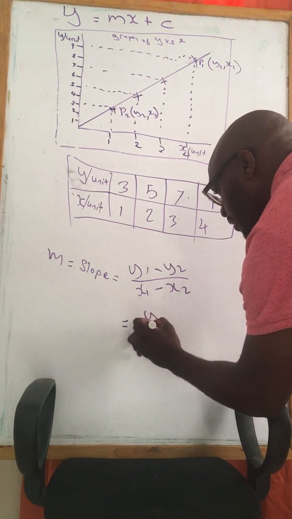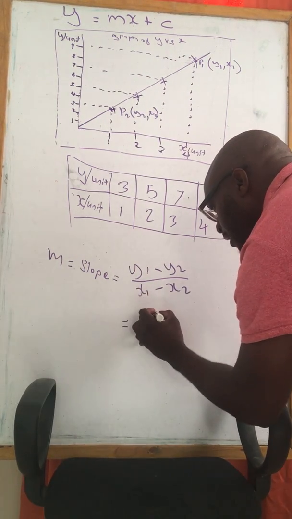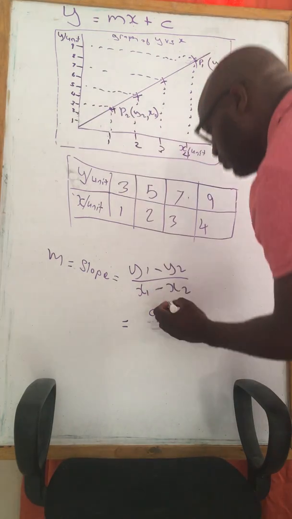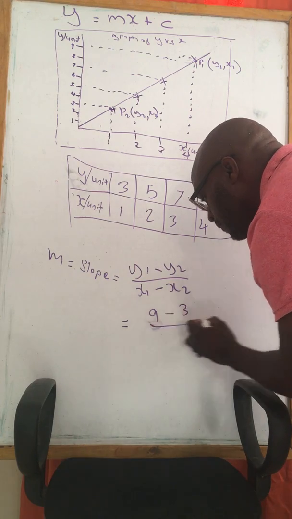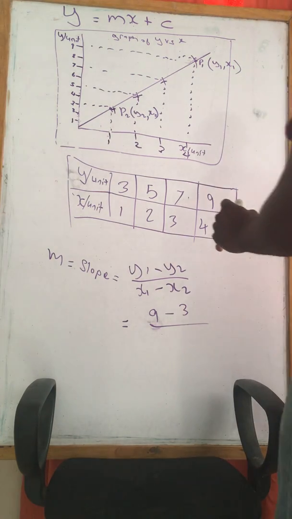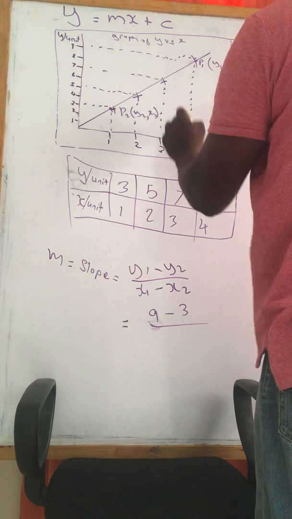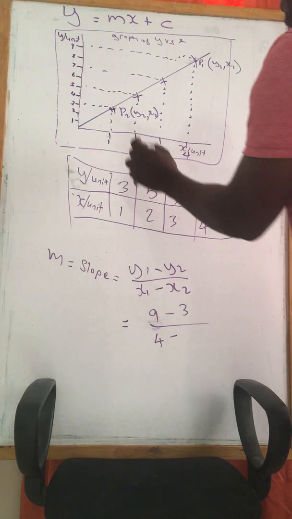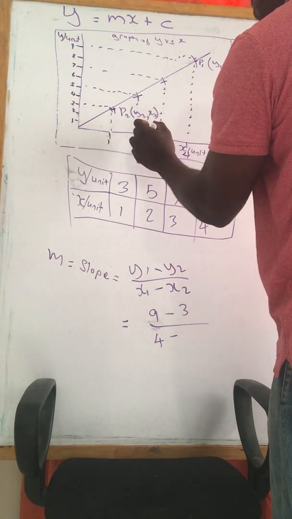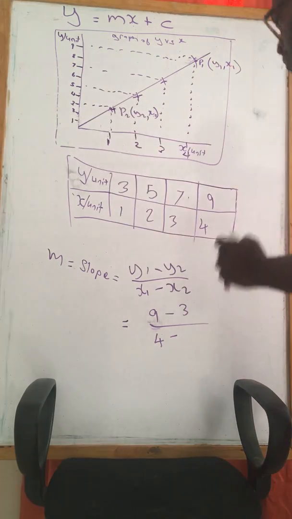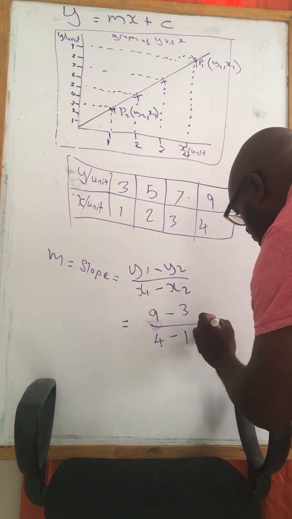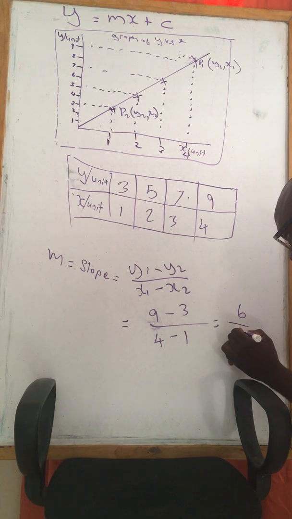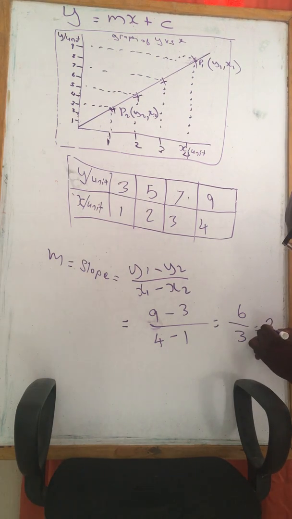So you say 9 minus y2, my y2 here would be 3, over x1, my x1 here would be 4, minus x2, my x2 here would be 1. And that is 6 over 3, and that is equal to 2.